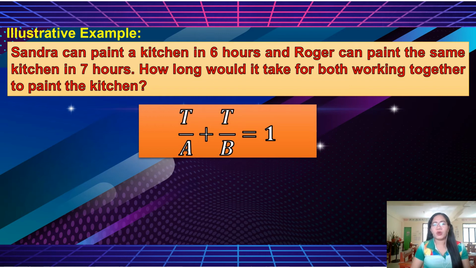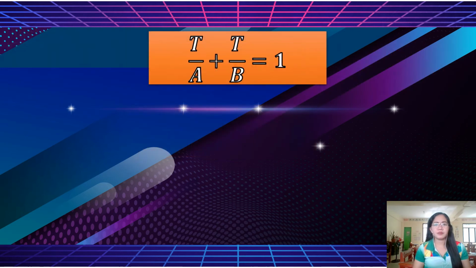A is the time of person 1, and B is the time of person 2. Okay, let's substitute. T over 6, since Sandra can paint the kitchen in 6 hours, plus T over 7, since Roger takes 7 hours to paint the kitchen, equals 1.